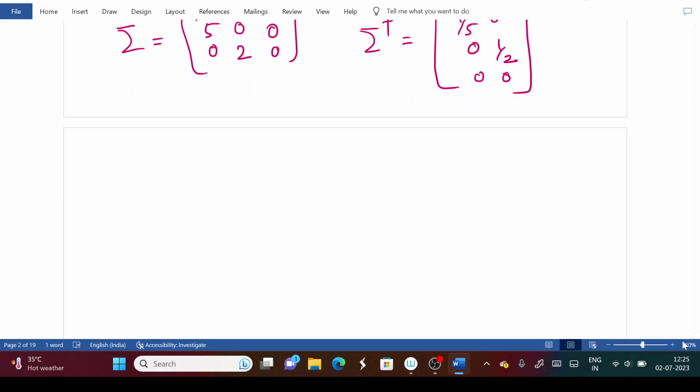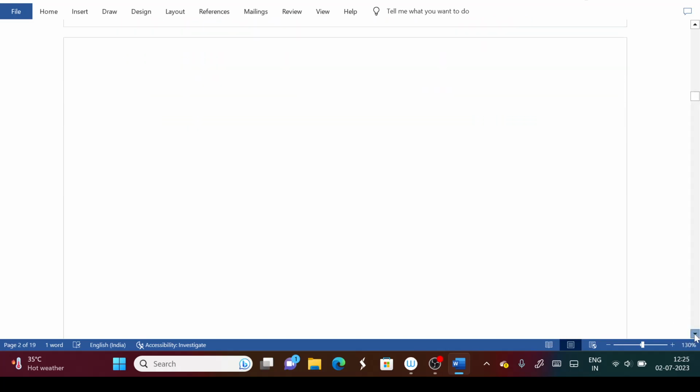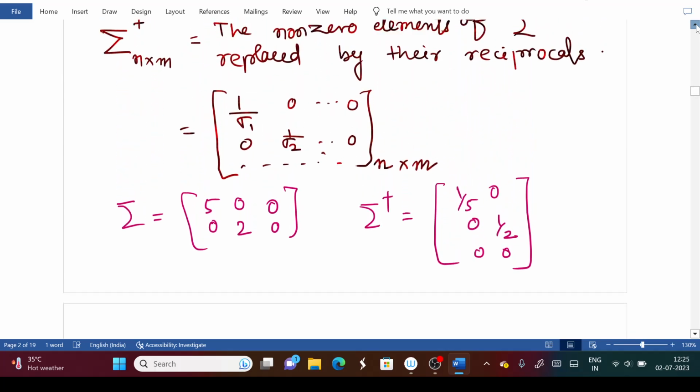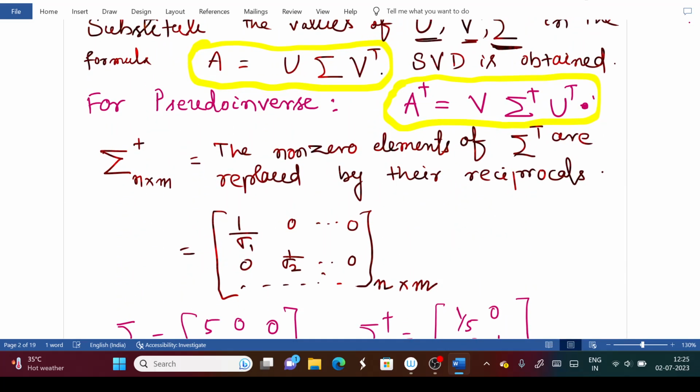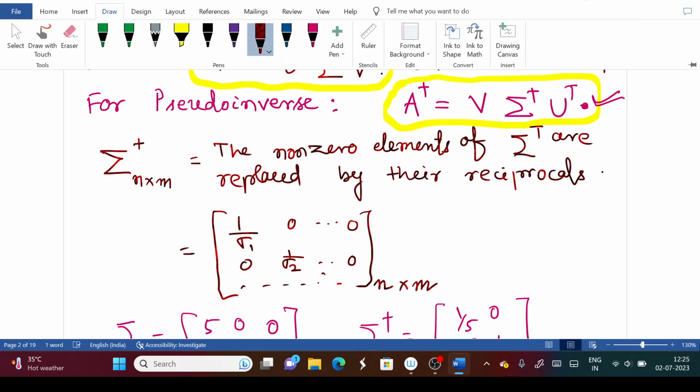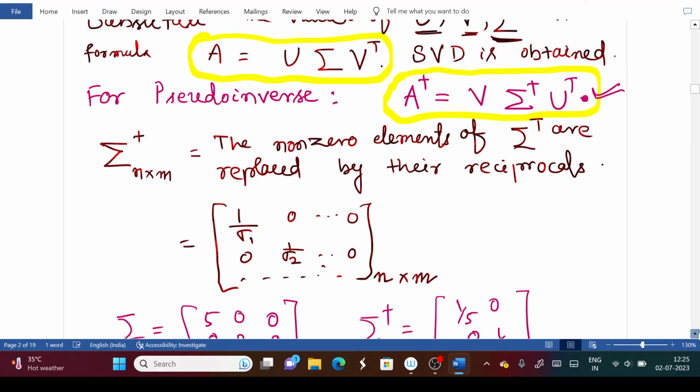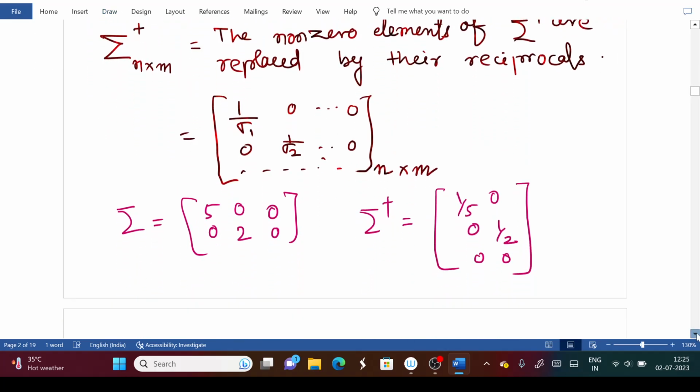After getting sigma plus, we substitute it in the formula written here, and after multiplication we get our pseudo inverse. And for a matrix whose inverse exists, the pseudo inverse is nothing but the inverse itself.